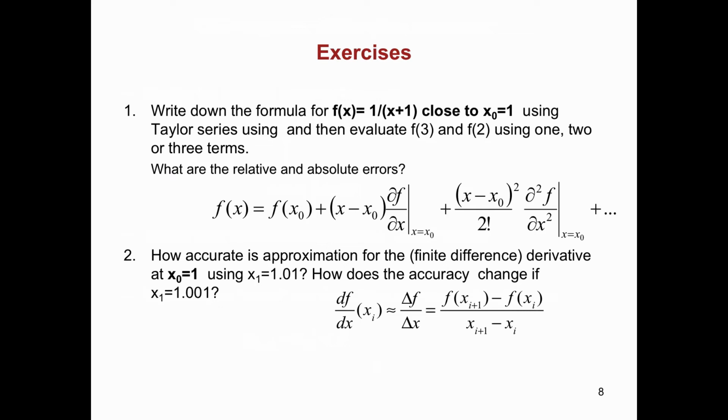I'm going to call that f prime. And that has to be evaluated at x equal to x0, right? So for 1, that's minus 1 over 4.